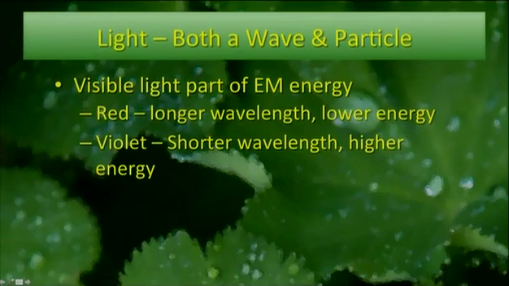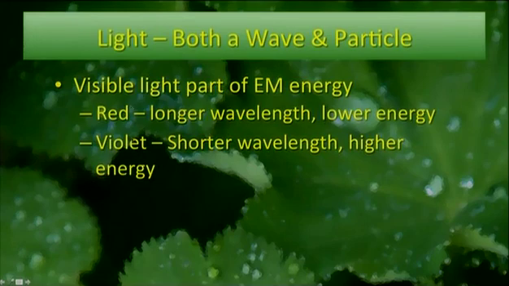Below red, there's infrared, and above violet, there's ultraviolet. Those are not visible to us. Infrared is what's responsible for the heat energy that we feel, like when we're in the sunshine or under lights.